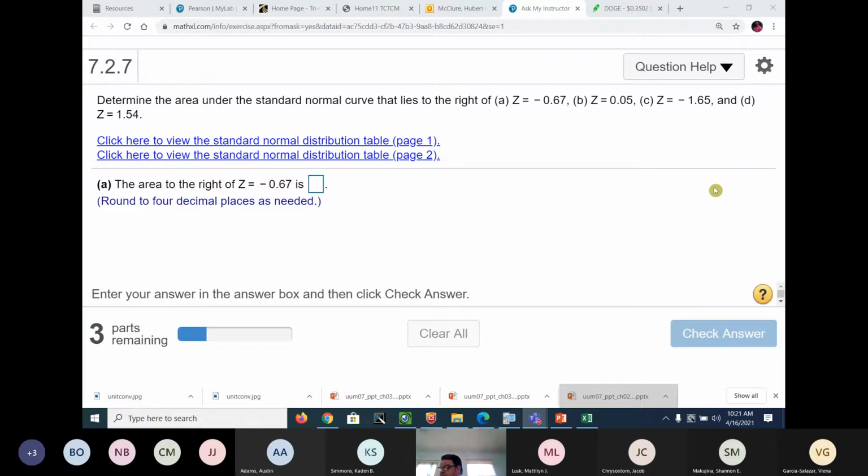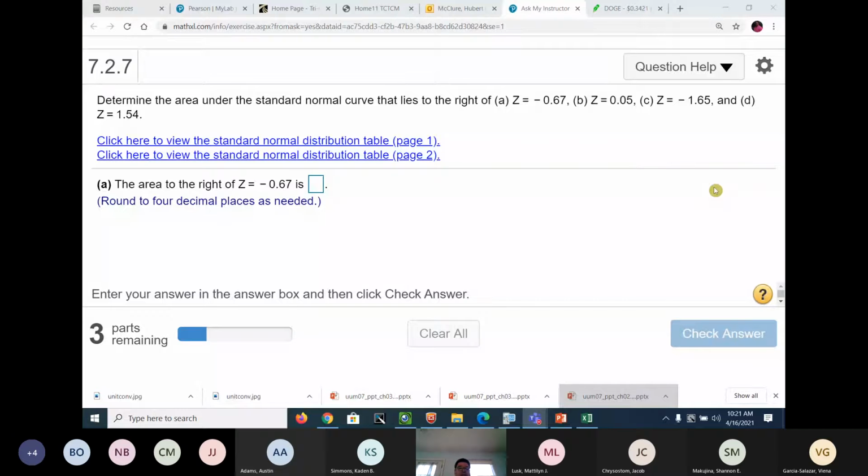Orange, Z is equal to negative 1.65. And blue, Z is equal to 1.54.